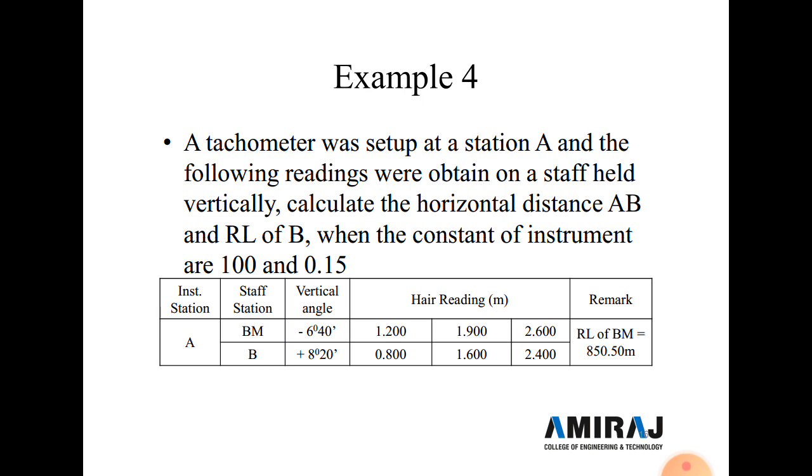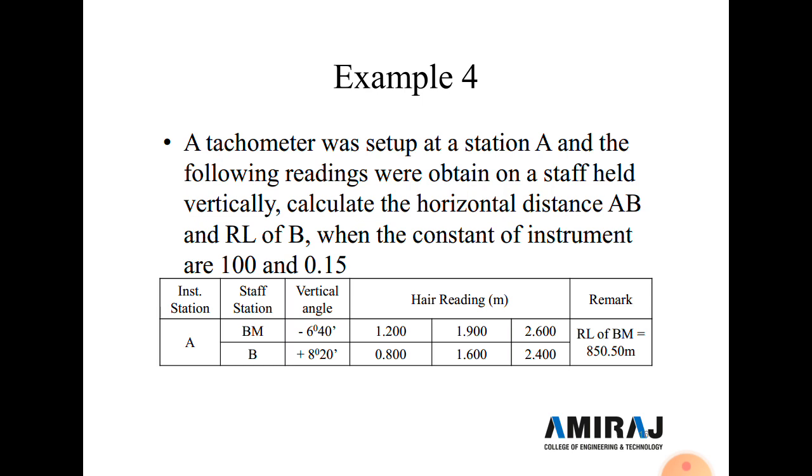Instrument station is A and staff station is point B. The staff is held first on a benchmark and then at point B. The vertical angle for the benchmark is minus 6 degrees 40 minutes, and for point B it is 8 degrees 20 minutes. Hair readings: bottom 1.20, center 1.90, top 2.60.